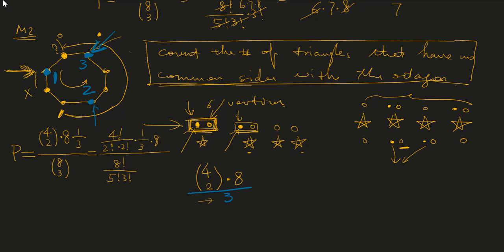To simplify this fraction, we'll multiply 3 factorial on the top and on the bottom again. Now let's cancel these 3 factorials, and then let's cancel 5 factorial with this 8 factorial. So we have 6 times 7 times 8 left. On the top, we have 3 factorial. That cancels with this 2 factorial times 3, right? 2 factorial times 3, that's 3 factorial. Good. And this 2 factorial cancels this 4 factorial.